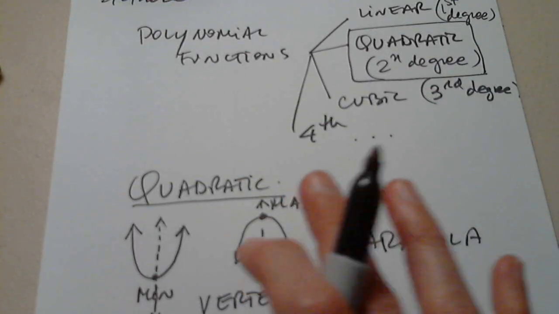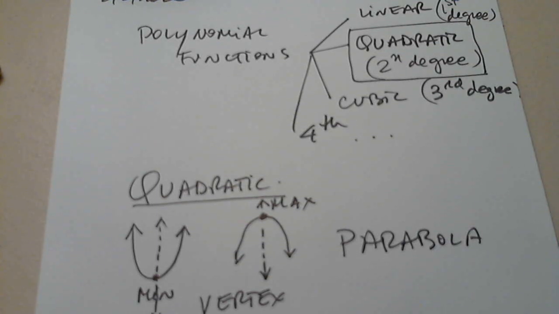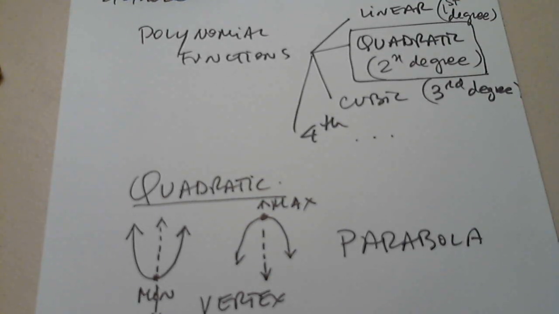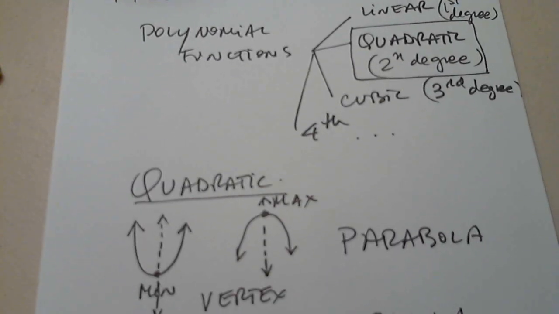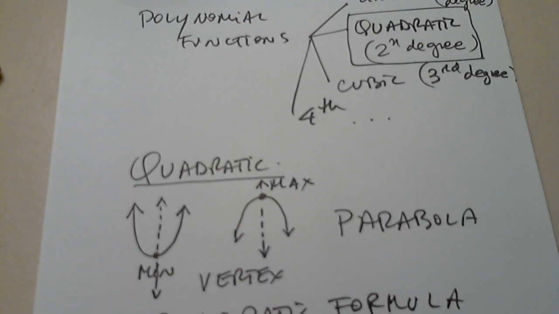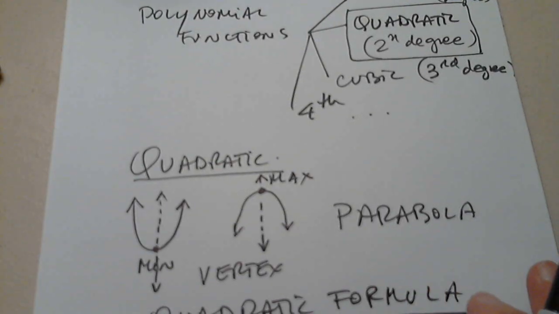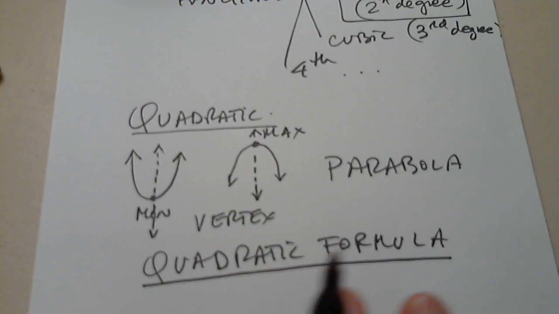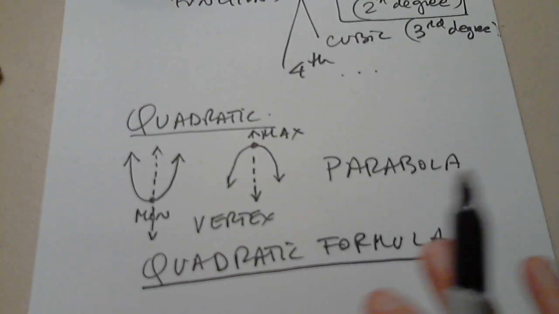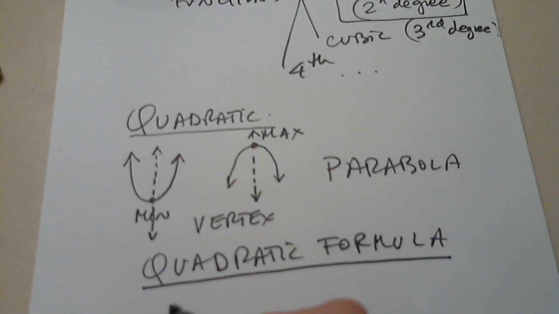Okay, what we also need here is something called the quadratic formula. I think this is way beyond the scope of the course, so I'm not going to talk too much about it, but I will show you how to use the calculator directly to solve a quadratic equation. But the equation has to look like this.